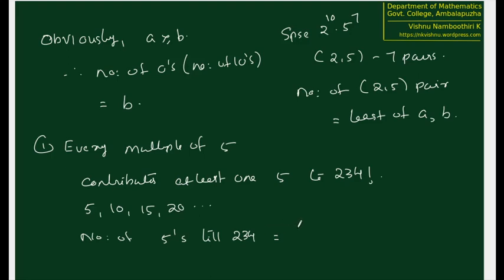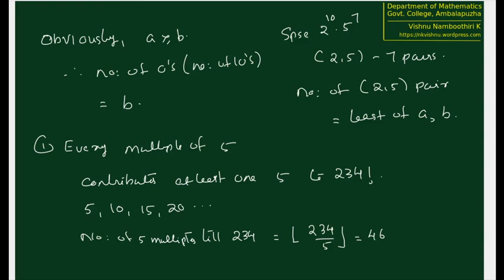So to find the number of multiples of 5 till 234, we need to just find the floor of 234 by 5, which is equal to 46. Okay, because 46 into 5 is going to be equal to 230.